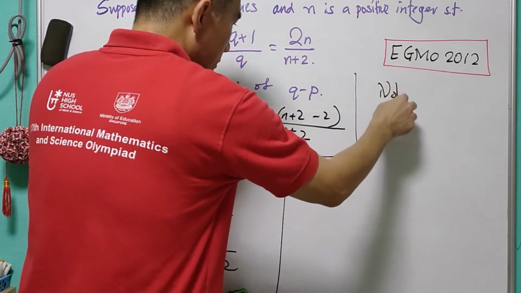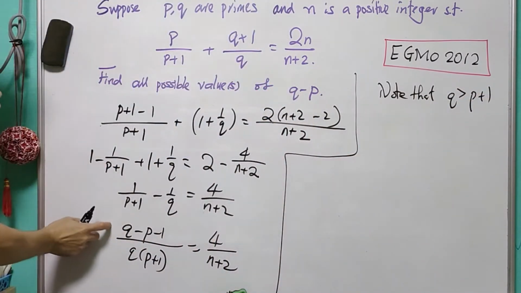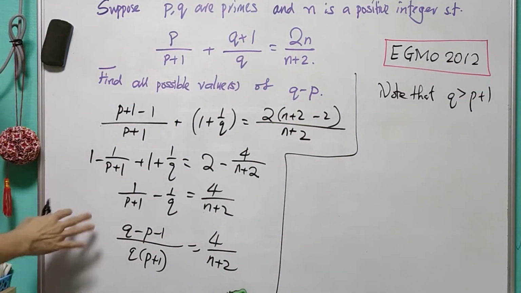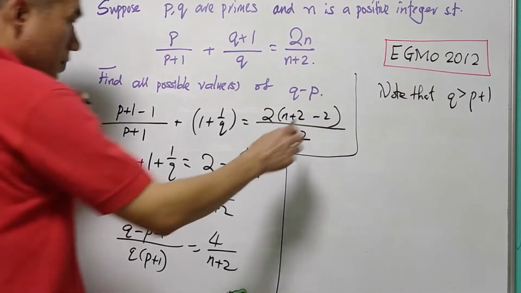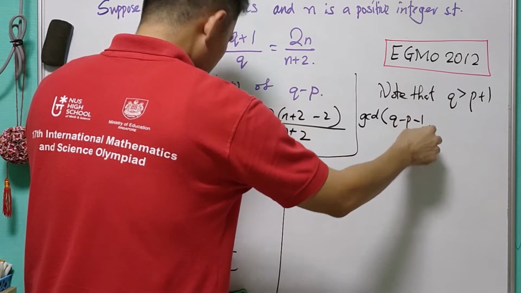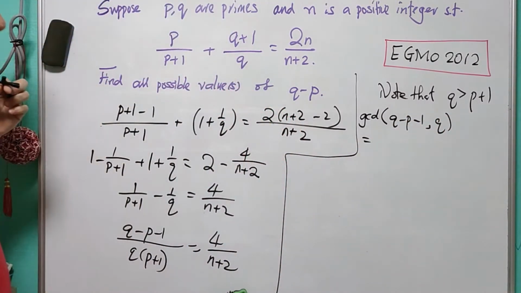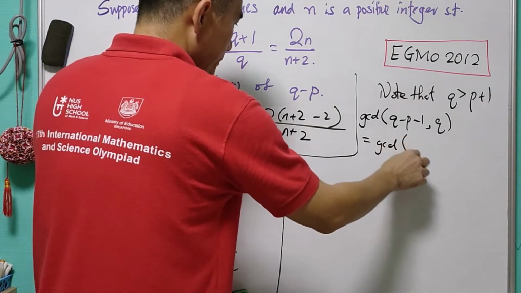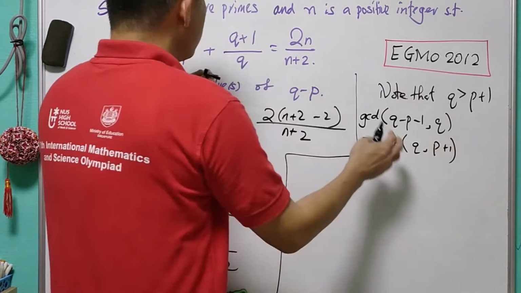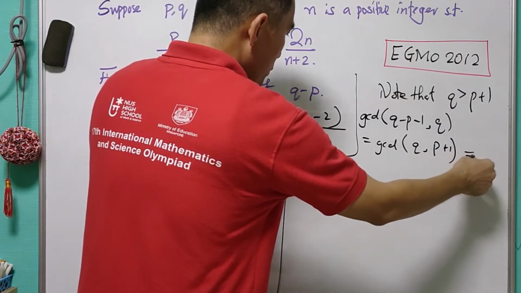Note that Q has to be greater than P plus 1 from the equation, and both P and Q are primes. The GCD of Q minus P minus 1 and Q is equal to the GCD of Q and P plus 1. Since P and Q are primes, the GCD of these two numbers will also be equal to 1.